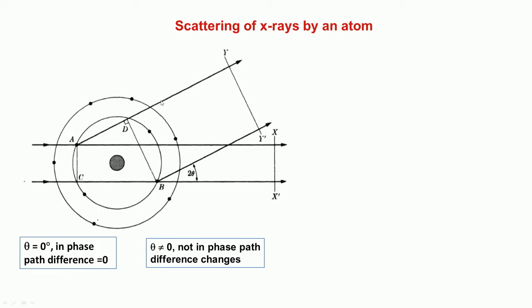For any other angle, there is a path difference, which depends upon the angle theta, and essentially depends upon the delta k value. If this is the k0 and this is the k direction, this is where the theta comes into the picture, and also the wavelength of the radiation.